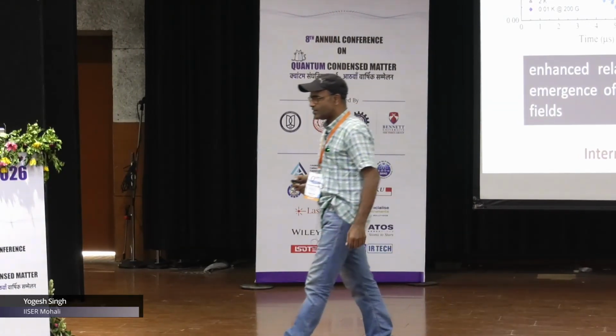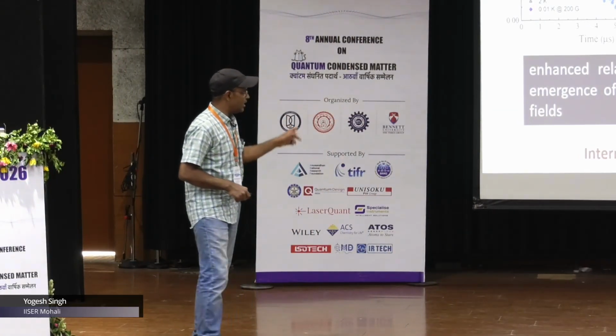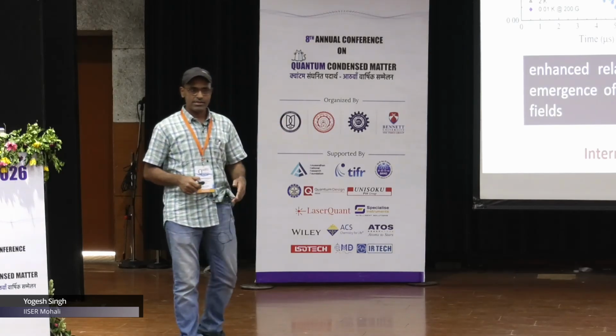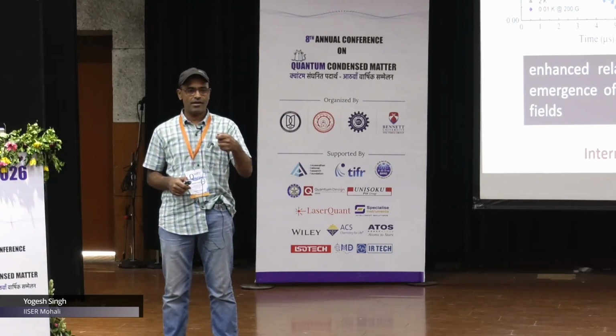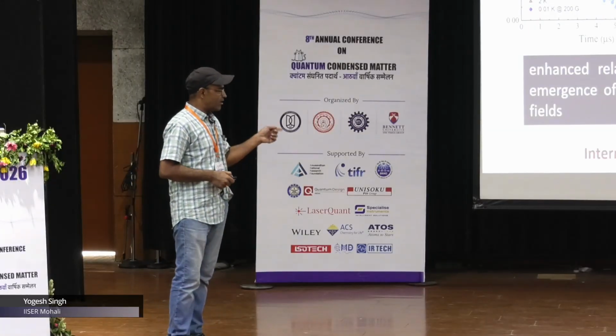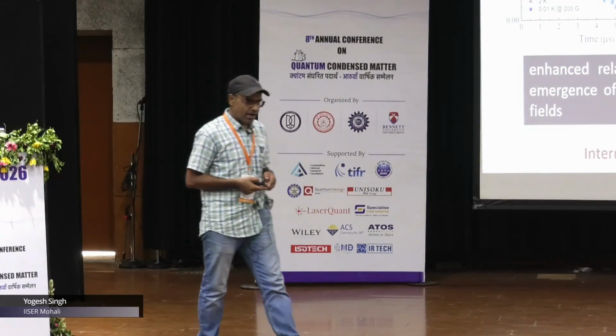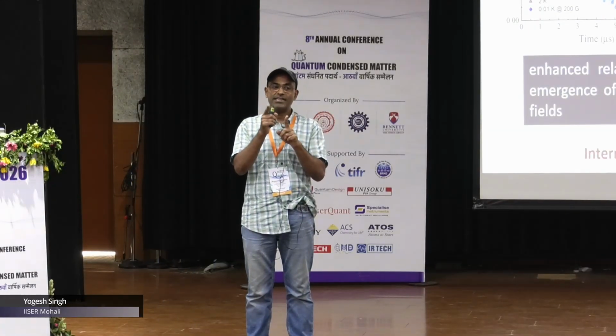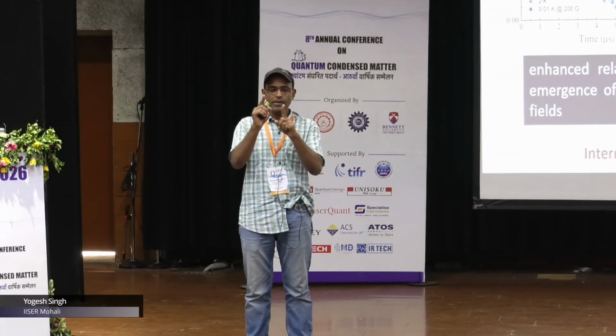Here the proposal is that because we have a multi-orbital system, the metals have d electrons, p electrons and so on. The electrons which are forming the pair are sitting on different orbitals at the same atomic site.